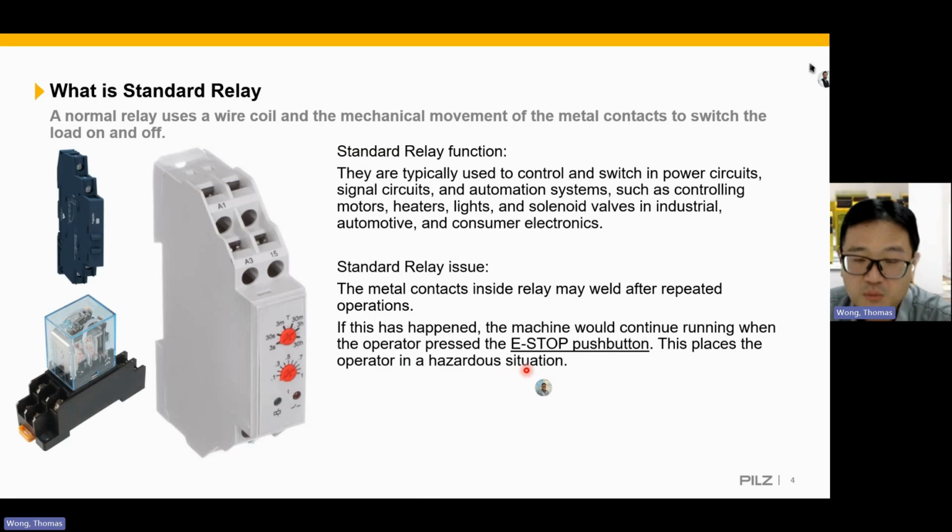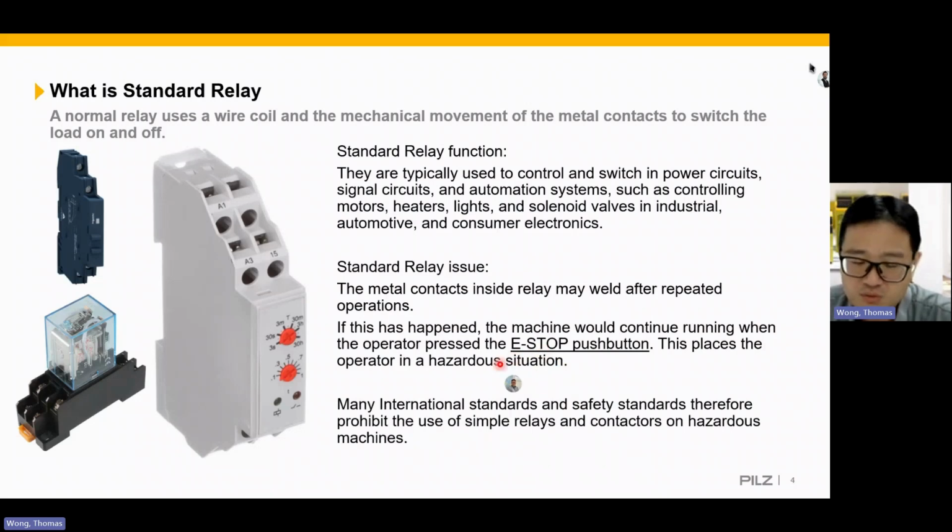I think a lot of people will question, oh, this seems like a very uncommon incident and usually it will not happen. However, we have Murphy's law that states that anything that can go wrong will go wrong. So please take note of that, which is why many standards, such as the international safety standards, actually prohibit the use of simple relays and contactors on hazardous machines.